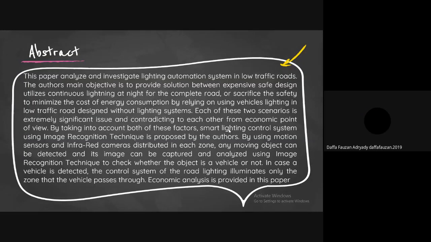Abstract. This paper analyzes and investigates lighting automation systems in low traffic roads. The author's main objective is to provide a solution between expensive safe design, utilizing continuous lighting at night for the complete road, or sacrificing the safety to minimize the cost of energy consumption by relying on using vehicle lighting in low traffic road design without a lighting system.